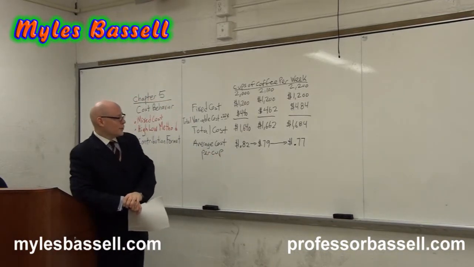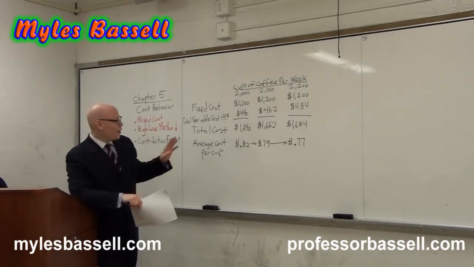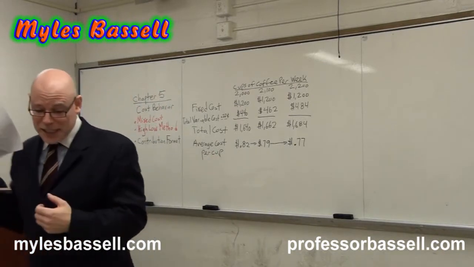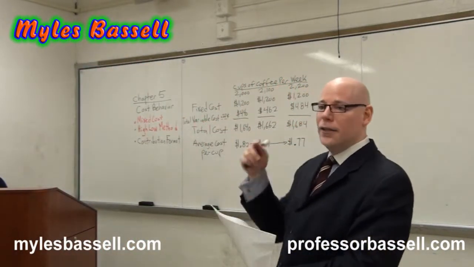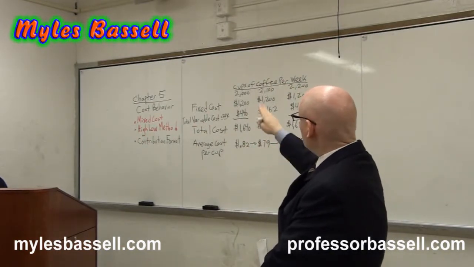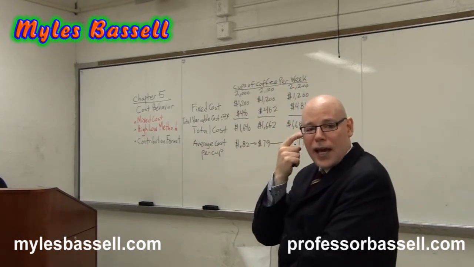Absolutely. Now, why is that happening? Because we produce more. Yes, we're producing more, but why? I want to make sure that we get this because this is a good illustration of what we've been talking about. Go ahead. Activity increased. Yes, the activity increased from 2,000 to 2,100 to 2,200, and so what is happening?